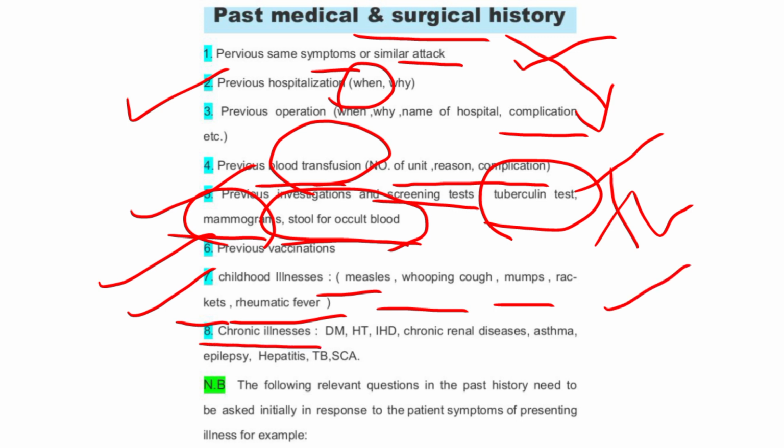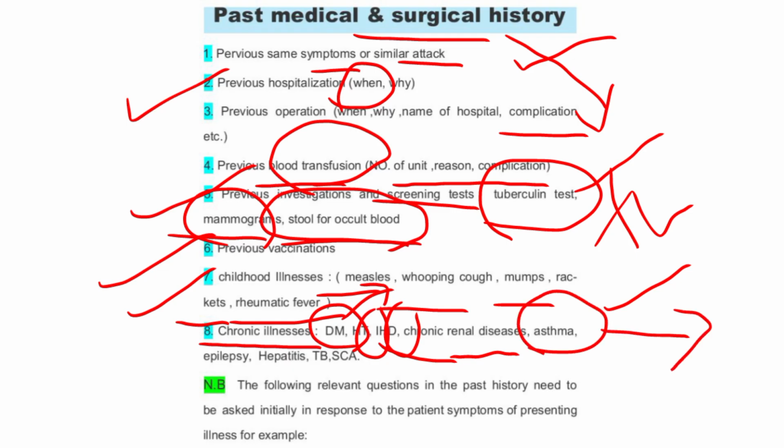Any kind of chronic illness like diabetes mellitus, in which there is a problem with the insulin, hypertension, primary or secondary hypertension, ischemic heart disease, chronic kidney or renal disease, asthma, that is the respiratory tract disease, epilepsy, seizure attacks, hepatitis, TB, or sudden cardiac arrest, in which the patient's heartbeat suddenly stops. These kinds of illness are included in the past medical and surgical history, we will ask.